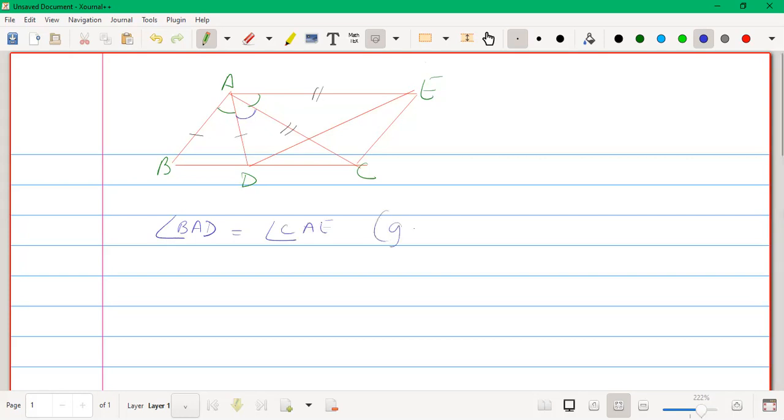So we have added angle DAC to both the sides. So angle BAD plus angle DAC should be equal to angle CAE plus angle DAC. That means, now what happened? This added up, so this becomes angle BAC. The whole thing is angle BAC. So angle BAC will be equal to, the whole thing here is angle DAE, right?